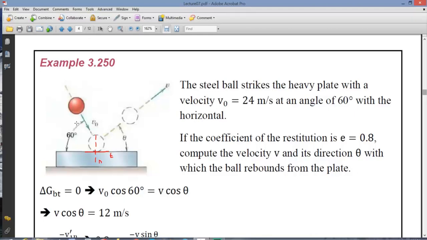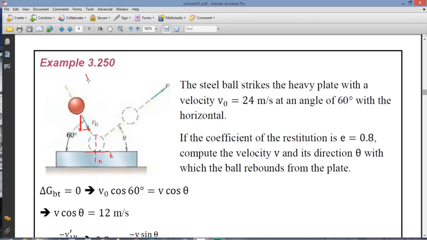And we already know that the angle is 60 degrees, so with respect to that we will have a normal component of this velocity and a tangential component of this velocity, v0. The tangential component of this velocity will not be affected due to this impact. That's the first step of our solution.